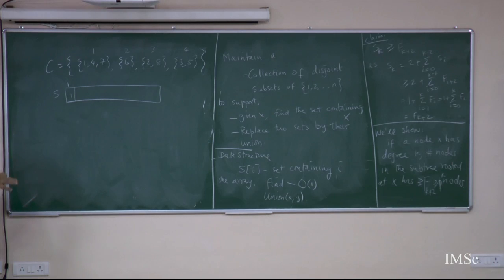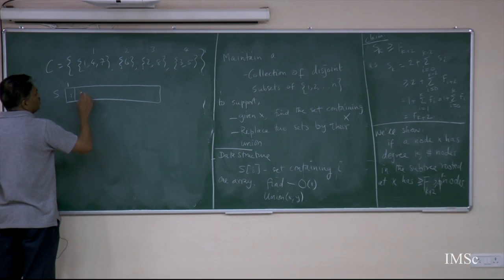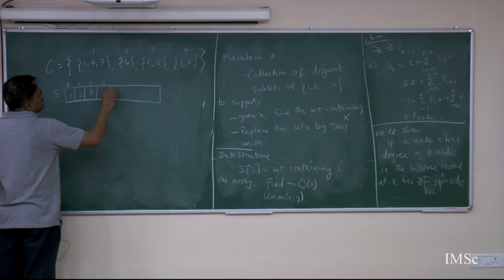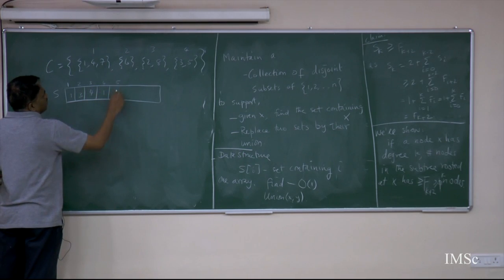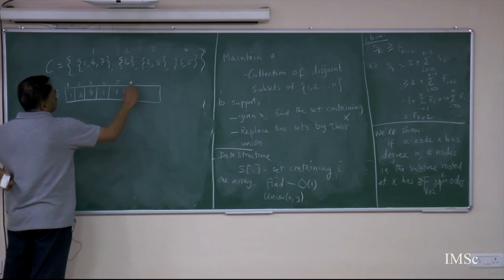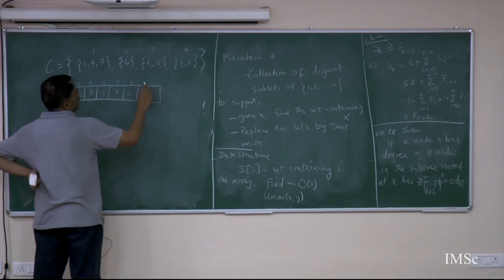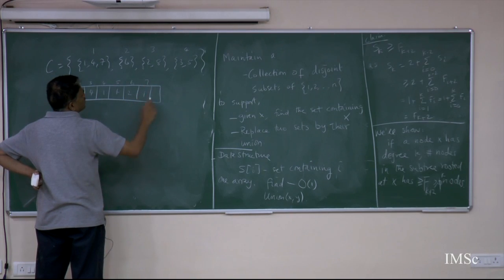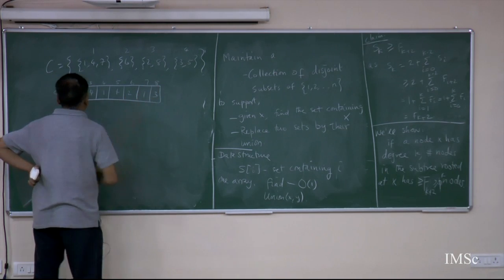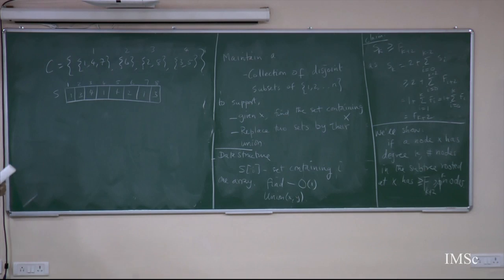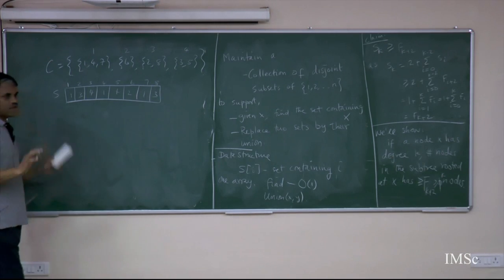Some label, it doesn't matter what it is, as long as I am consistent. So 2 is in set number 3, 3 is in set number 4, 4 is in set number 1, 5 is in set number 4, 6 is in set number 2, 7 is in set number 1, 8 is in set number 3. Right now, my starting data structure is just this array.